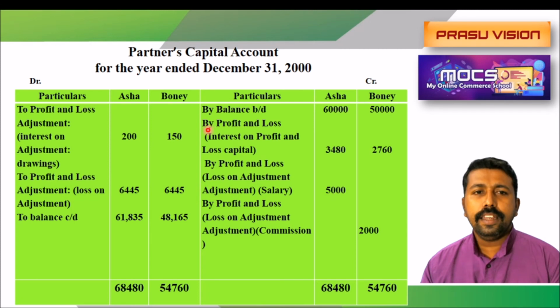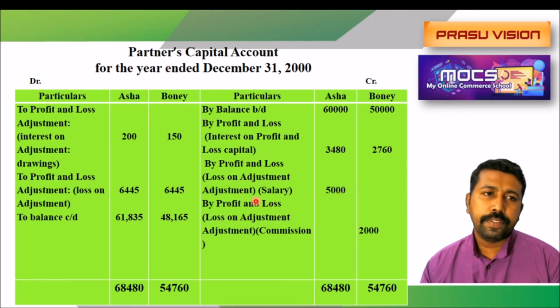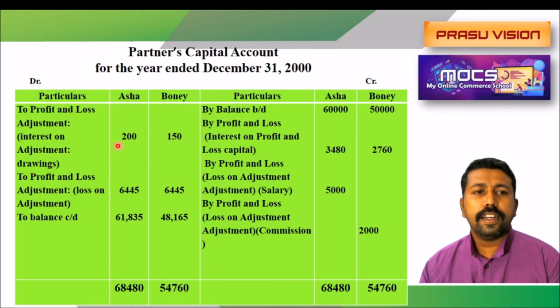Then we are writing the profit and loss adjusted values: the interest on capital 3,480, the interest on capital 2,760, then salary adjustment value 5,000, also the commission of Boni. Here on the debit side, interest on drawings 200, 150, and the value of loss in profit and loss adjustment account, that is shared by the partners equally, 6,445.